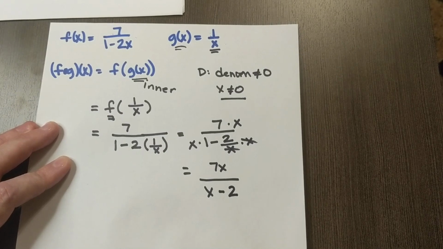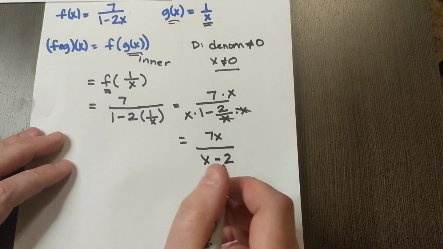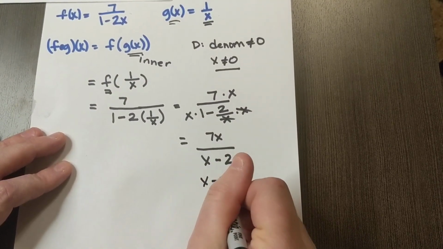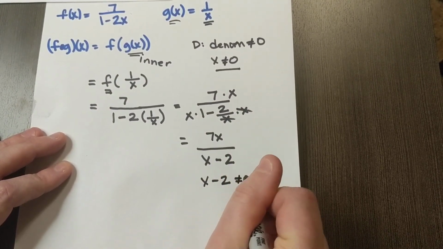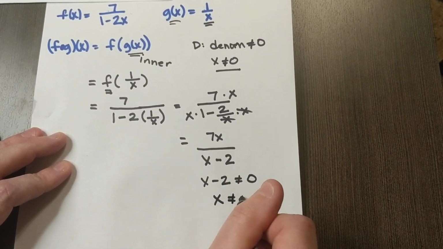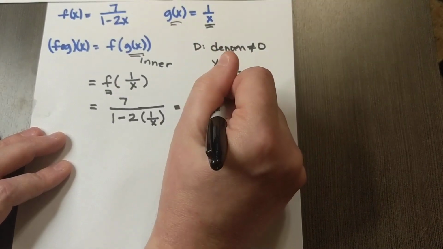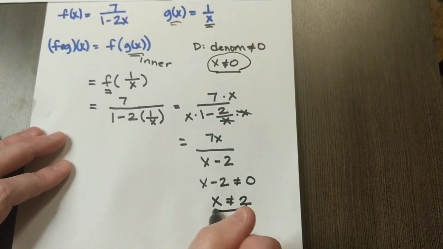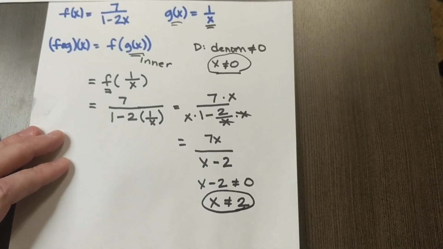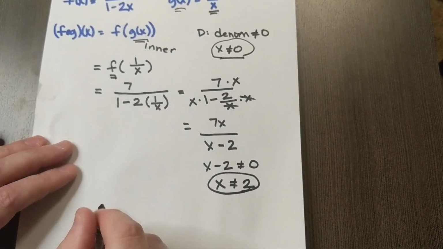Now let's figure out what the domain is for this. Again, we have a denominator, so we know the denominator cannot equal 0. So add 2 to both sides, we know x cannot equal 2. So we have two things. X cannot be 0. X cannot be 2. So we need to think about every other number but 0 and 2.